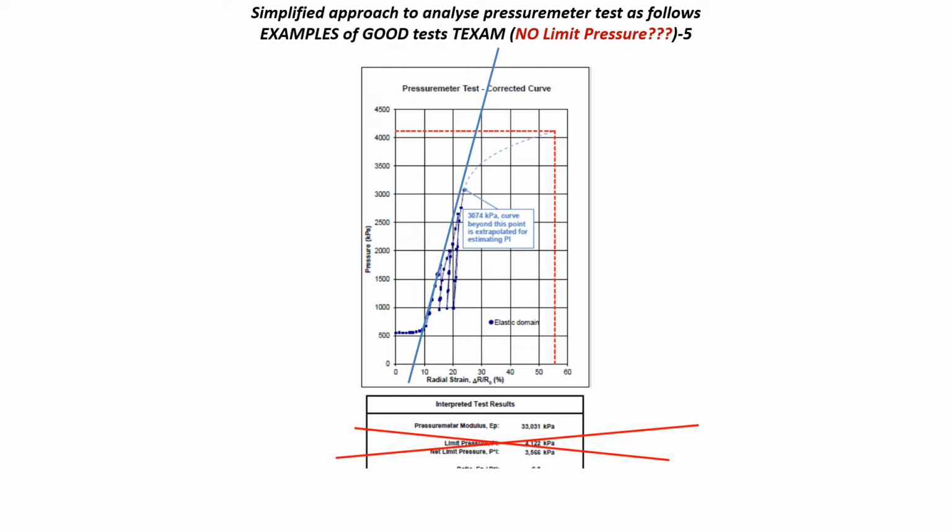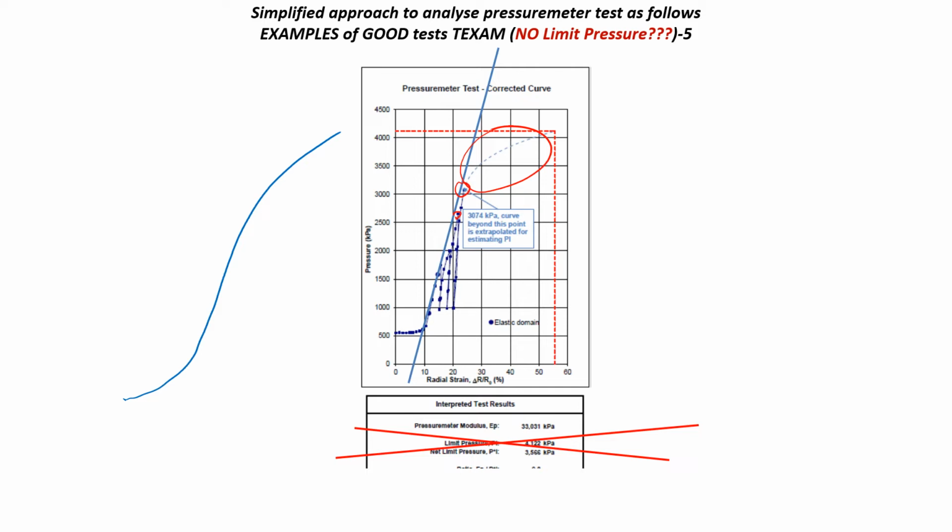Guys, it's not such a bad test, but something happened in the middle here, so you don't have a nice curve. Something happened here, and for all this part beyond, I don't even know how to assess the yield pressure. Can I take this point or this point? Not so good a test. Not bad, but not good.